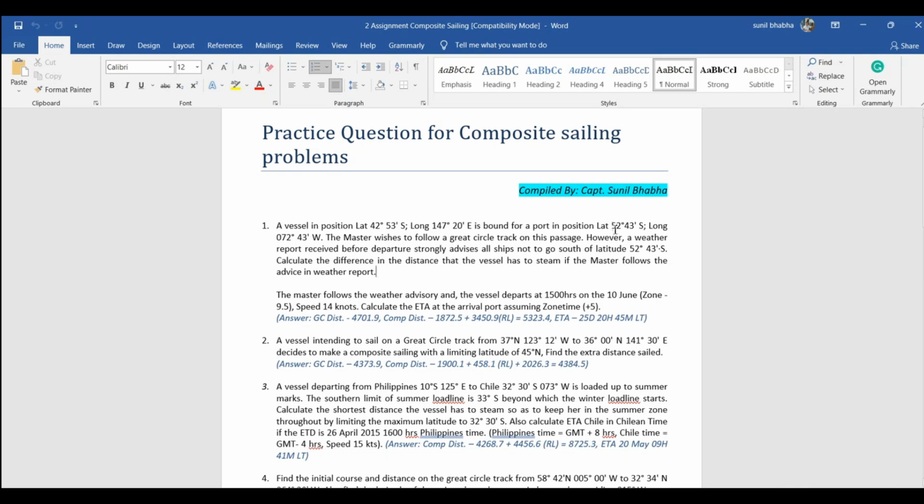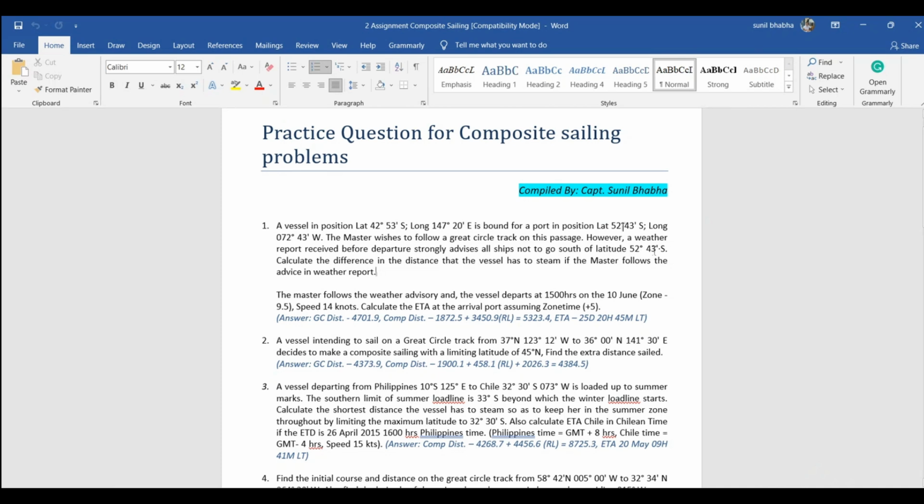Now your starting position is 42 53 south, 147 east.